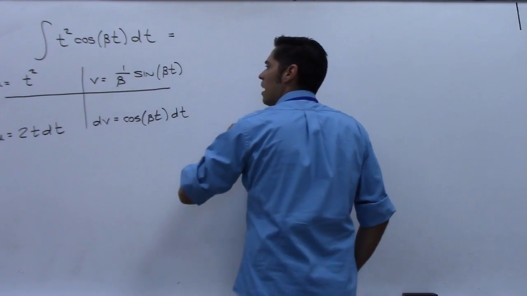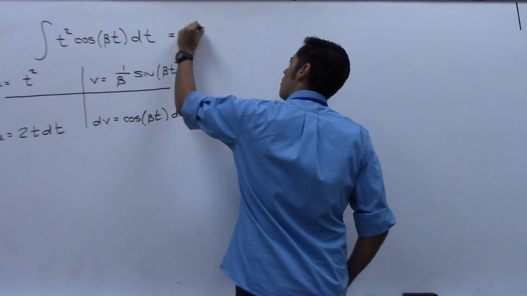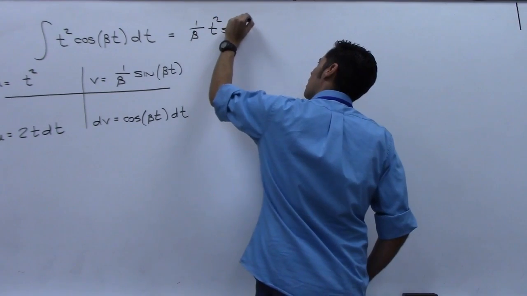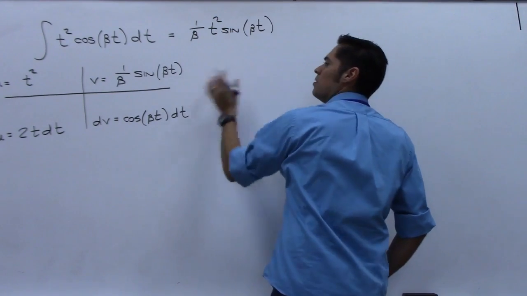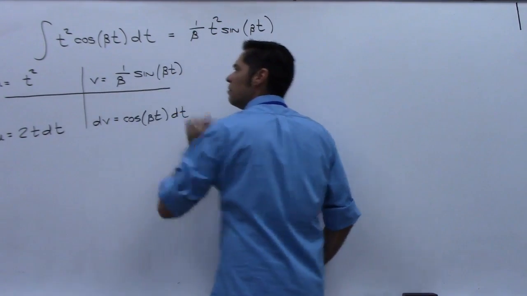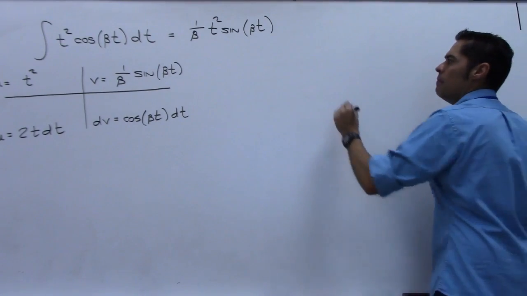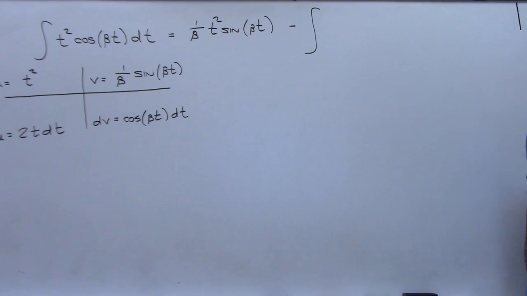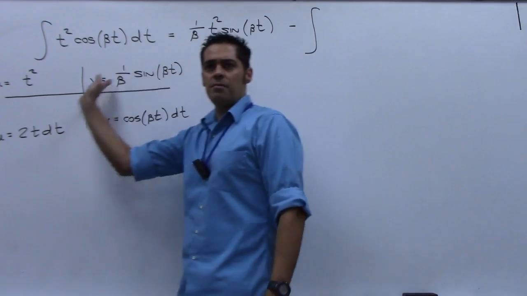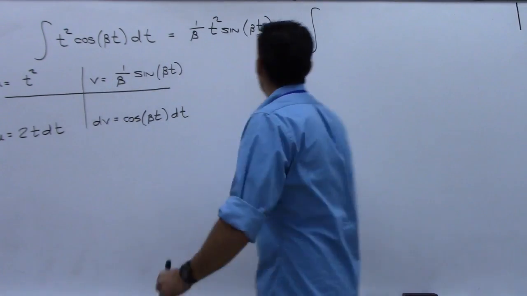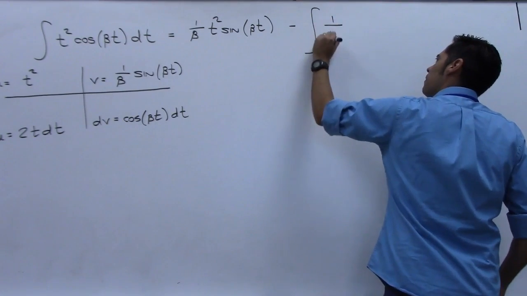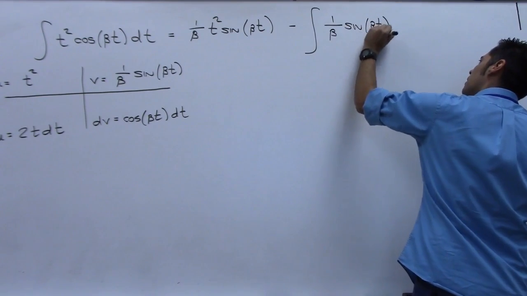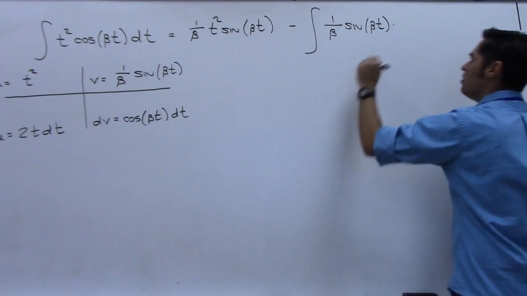This should be ultraviolet, so 1 over beta t squared sine beta t. So that's this times this, minus integral voodoo. So the voodoo is the diagonal, right? This multiplied, which is 1 over beta sine beta t times 2t dt.